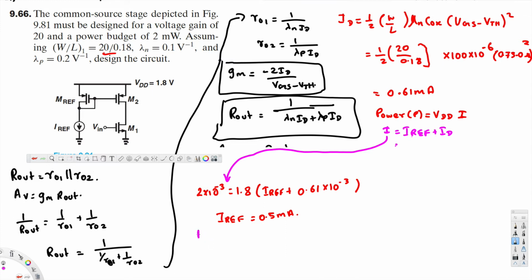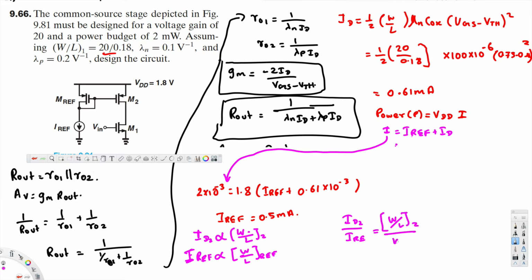To do that, we have to know that ID2 is directly proportional to W over L2, and I ref is directly proportional to W over L ref. So ID2 over I ref is equivalent to W over L2 over W over L ref. Now let's plug the values.